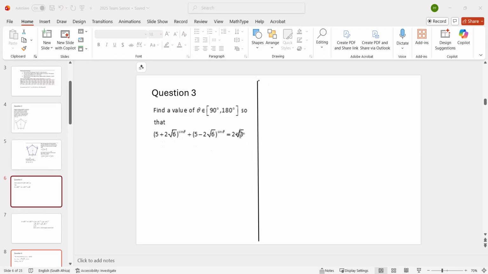Now root 3 is related to sine in some way, because we know the sine of 60 degrees is root 3 over 2. All right, so how do we work this thing out? It's an exponential equation. The theta, your unknown, is sitting at the top there.